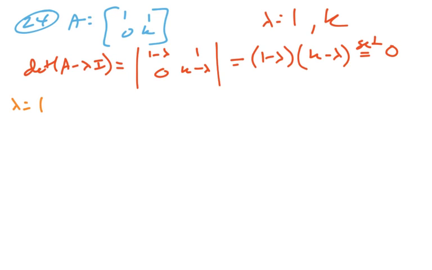So I want to think about the possible eigenvectors I can get out of each value here, and whether it would be possible to get enough eigenvectors out of them. So if I do this one, A minus lambda I would become the matrix [[0, 1], [0, k minus 1]], okay? And we really just want to RREF this thing.